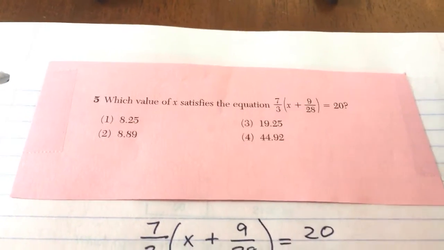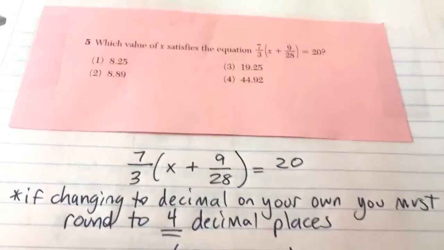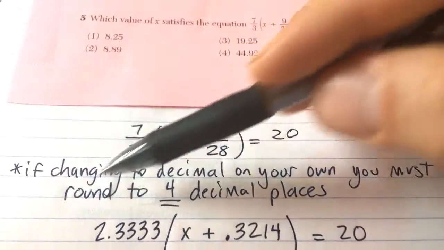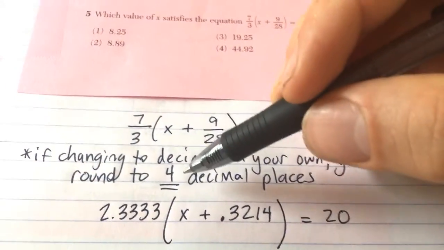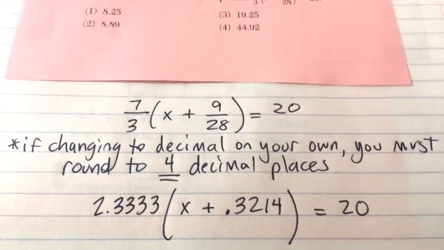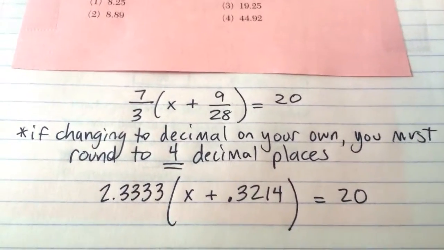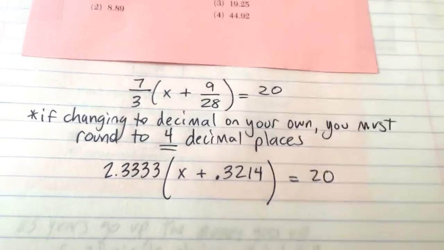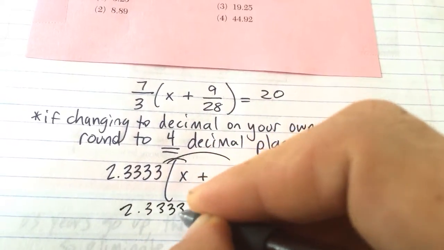Number 5, which value of x satisfies this equation? What I would do is I would change these to decimals. So if you're going to be changing to decimals on your own, okay, you must round to 4 decimal places. If you round any more, it's excessive, and if you round any less, it can really affect your answer. So 4 decimal places is what you want to do. So now what I'm going to do is I am going to distribute.